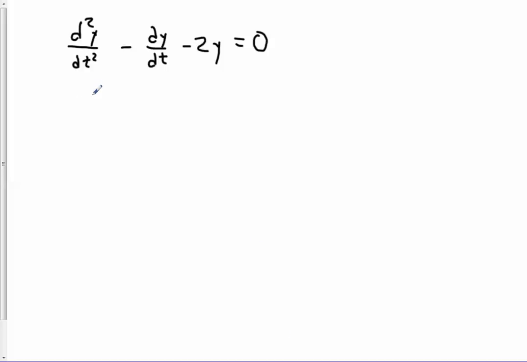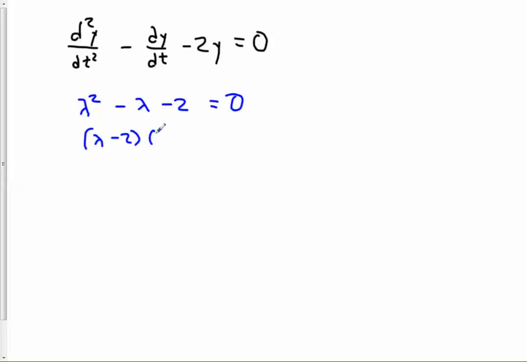Here's our differential equation. It is one of the ones we've been talking about: second order, linear, constant coefficient, homogeneous. So we immediately switch to the corresponding algebraic equation and we try to solve it. You can use the quadratic formula, but of course if it can factor, that's a little bit easier. And this one can.